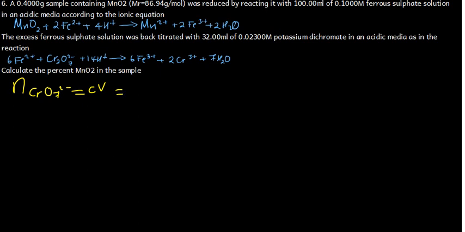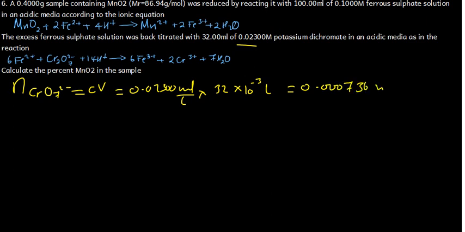The concentration is 0.02300 mole per liter, and then the volume we've been given as 32 milliliters, multiplied by 10 to the power negative 3 to convert to liters, and that is going to give us 0.000736 moles of what?